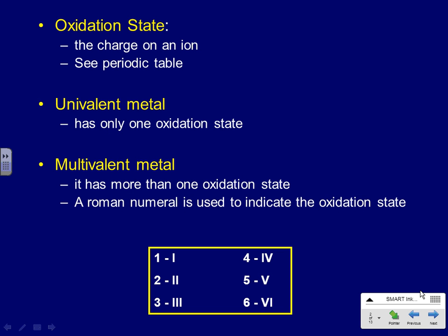And we know how to determine the charge on many stable ions, +1, +2. And that charge we call the oxidation state. And I will guide your eyes to them in a moment on your periodic tables.